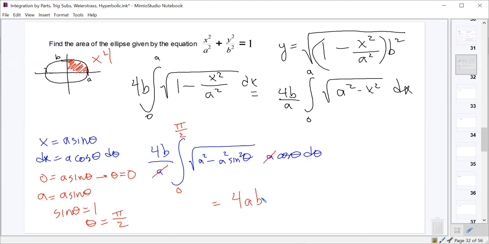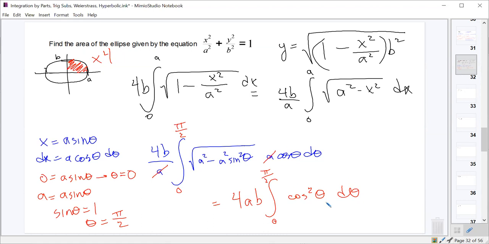So 4ab times an integral from 0 to pi over 2 of the square root of 1 minus sine squared, which is cosine squared. So square root of cosine squared, which is just cosine times another cosine, which should be cosine squared theta d theta. Good or no?